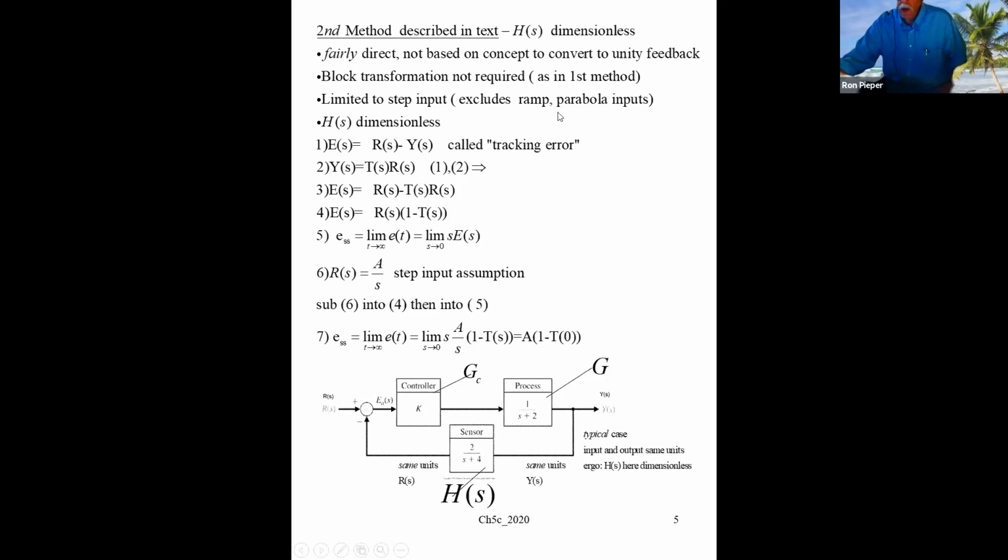However, we plug in for the transfer function, using the output is the transfer function times the input. And then we apply the final value theorem, and we're told that we're only going to be successful with this method for only one input type, and that's a step input.